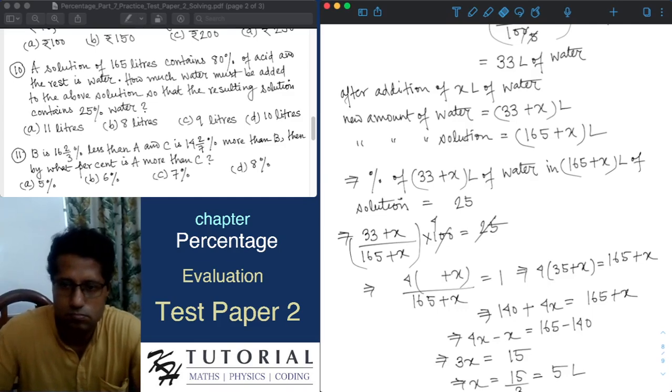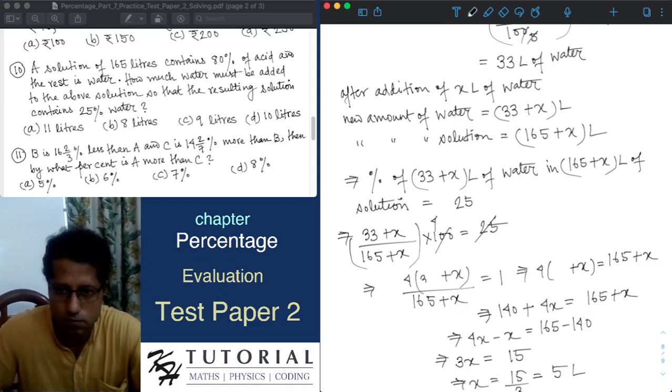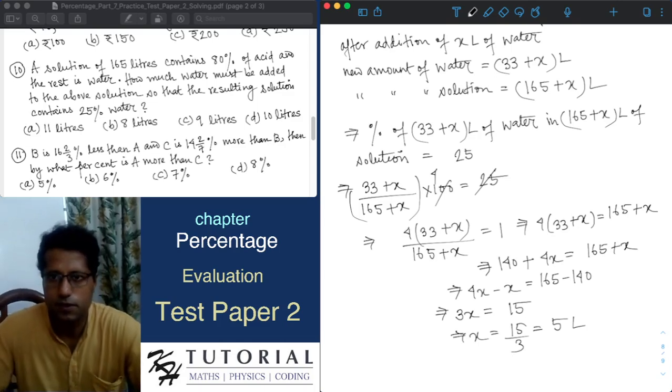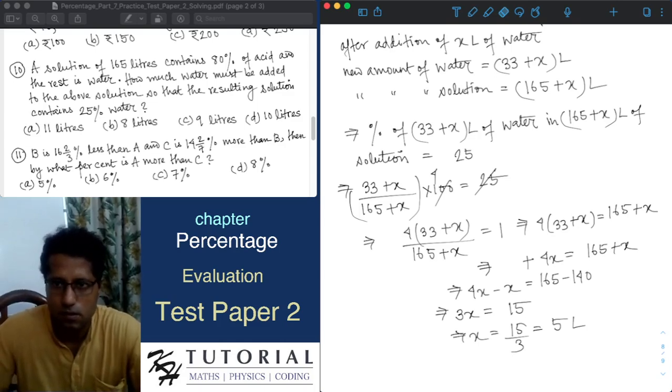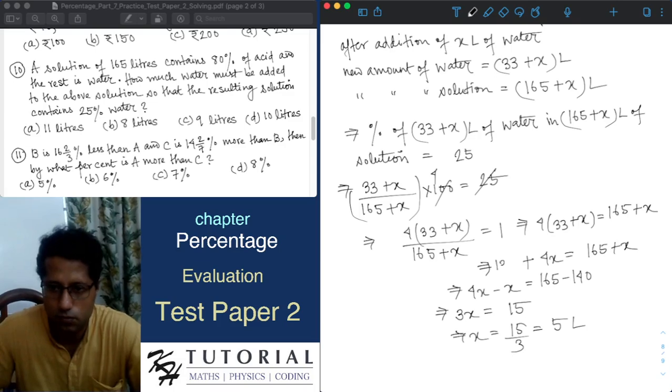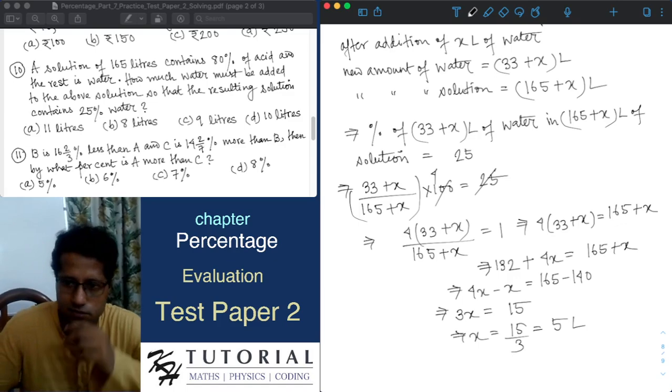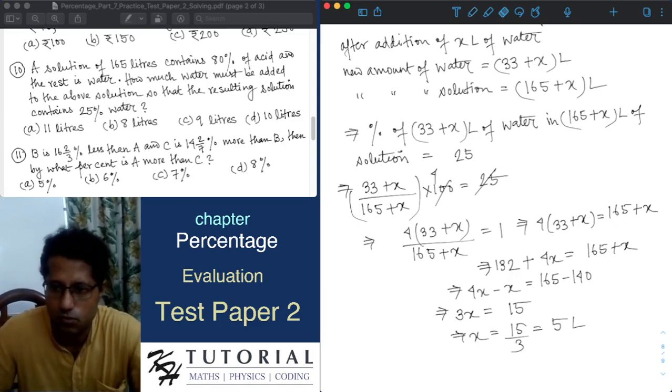Then 33 into 4 is 132, and 4x. So now 4x minus x equals 165 minus 132.